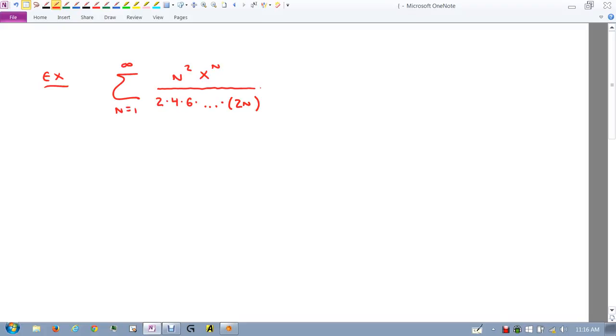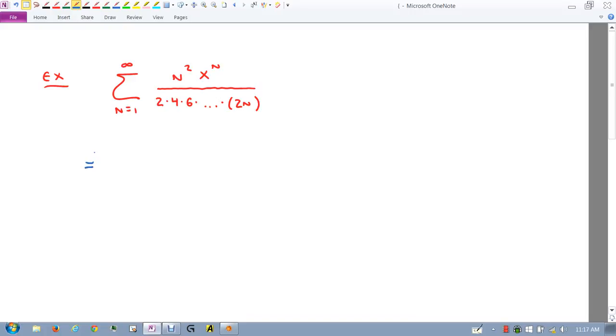See, the bottom is kind of like a factorial in terms of you go out to a certain spot, you're multiplying something times something, but it's not 1 times 2 times 3 times 4. This is the product of your even numbers starting at 2. So 2 times 4 times 6, and then you'd stop when you get to 2n. So just so you're clear on the notation here, what would this sum actually be?